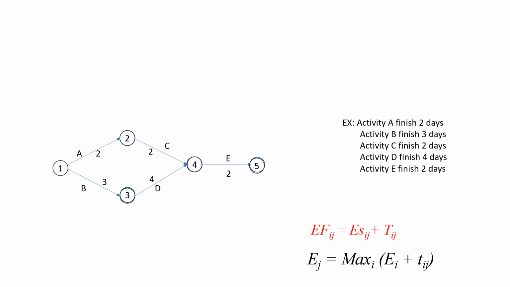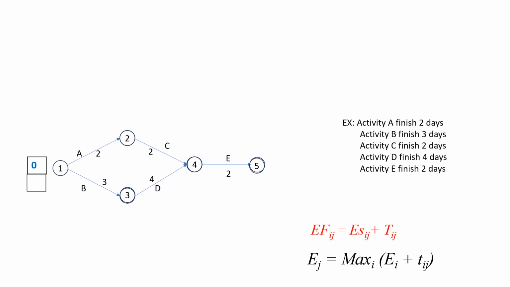Now I start with the earliest start time for the starting event, event 1. In general, these earliest event times are represented in two rectangular boxes, and the earliest time is represented in the upper box.